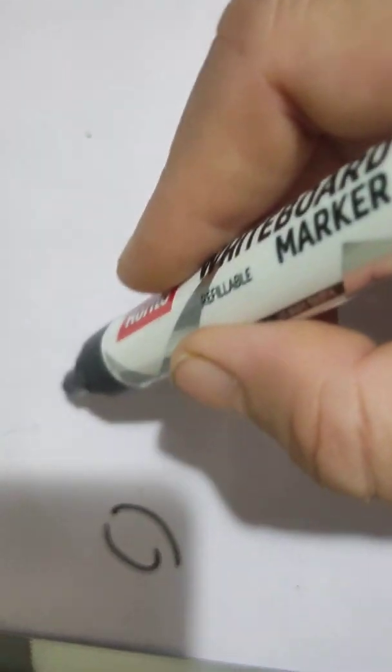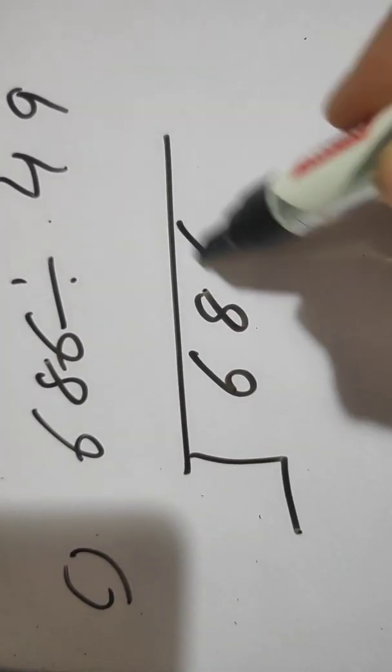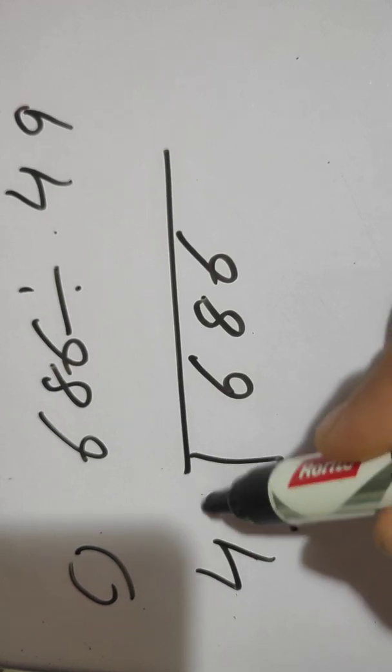Yes, board is again cleaned. And now I am going to solve C part for you. 686 divide by 49. You will again think that ma'am, we don't know the table of 49.